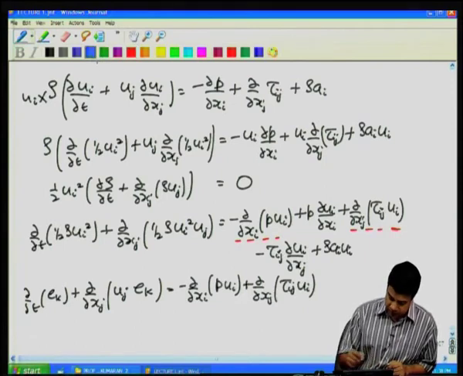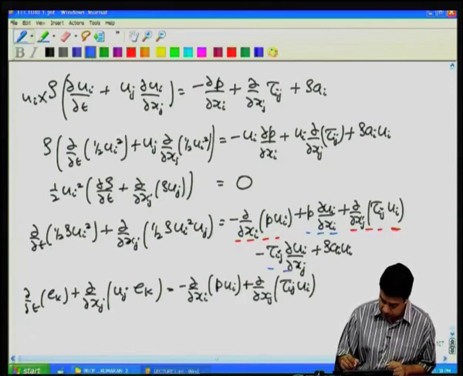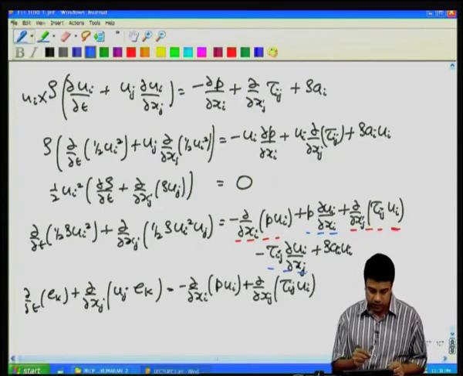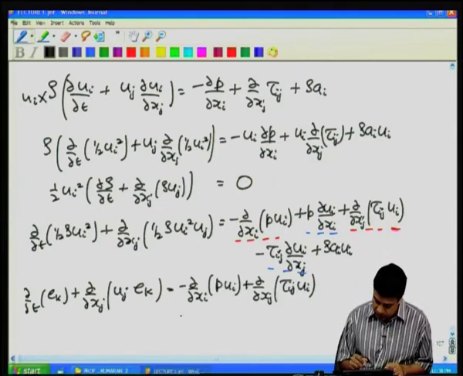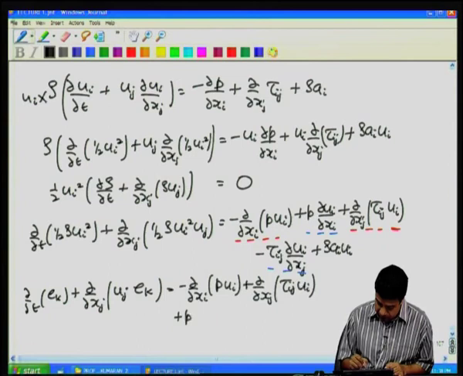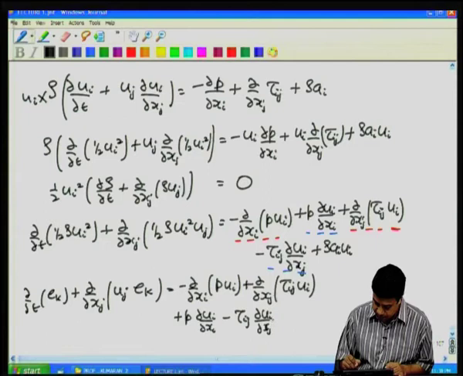And then I have these two terms, which came out of the integration by parts. So, those will be plus P partial u_i by partial x_i, minus tau_ij partial u_i by partial x_j, plus rho a_i u_i.